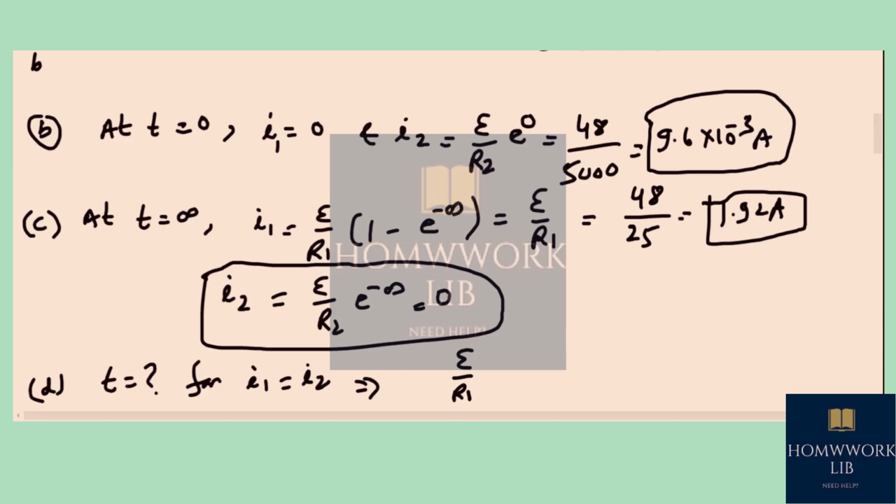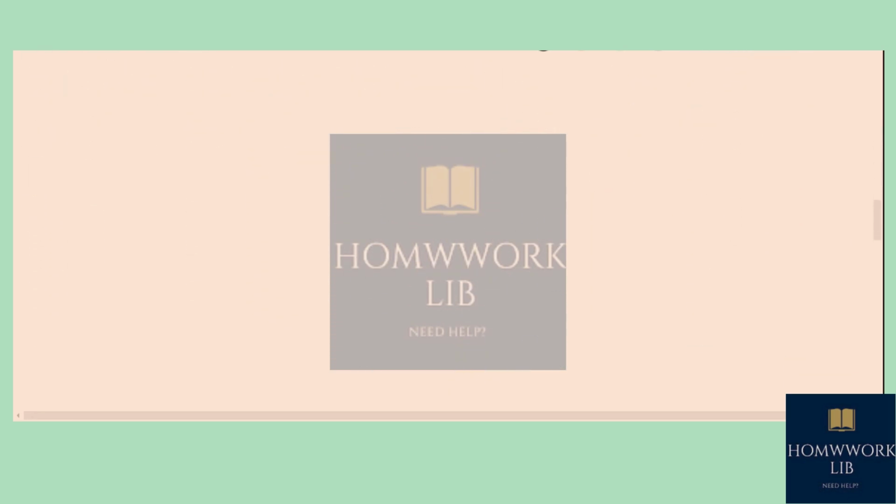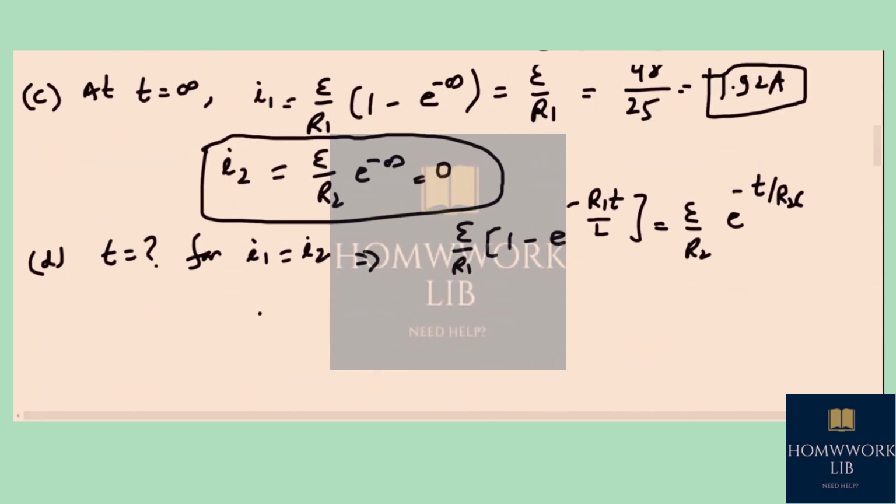E upon R1 times 1 minus exponential of minus R1 t upon L is equal to E upon R2 exponential of minus t upon R2 into C. On simplifying this equation, t can be written as L R2 C over L plus R2 square C.